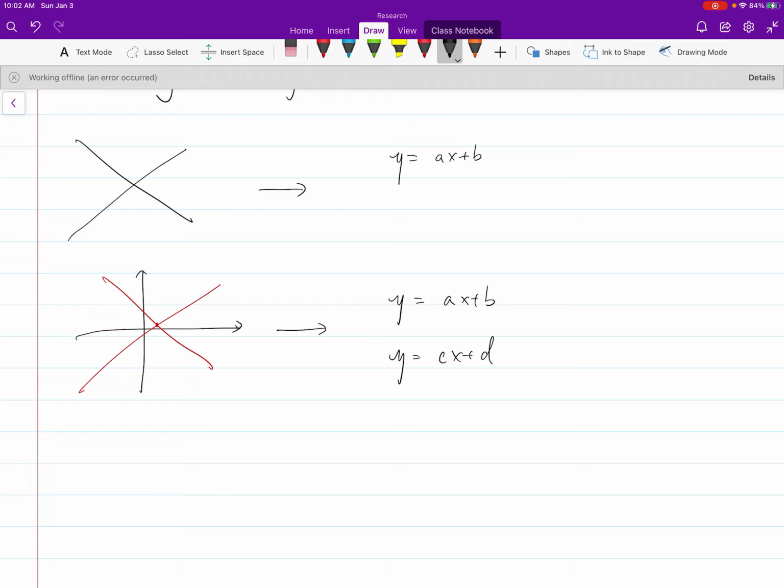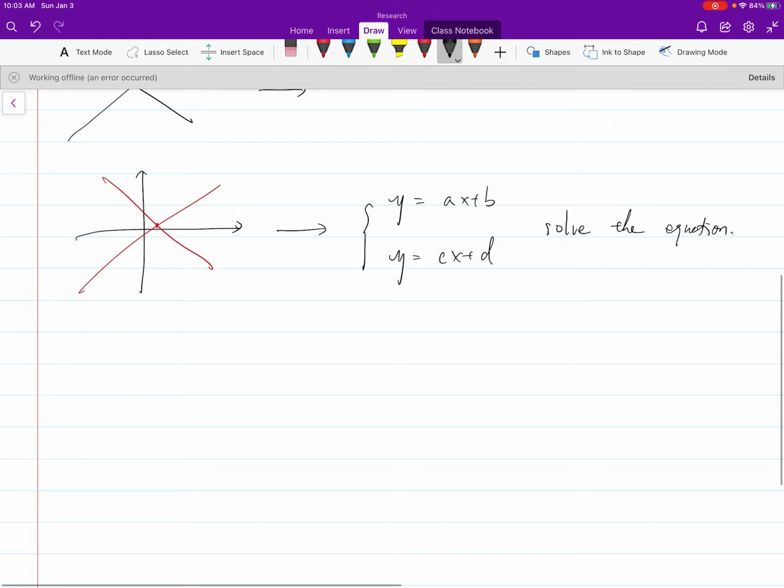But in analytic geometry, all you need to do is say I have y equals ax plus b for one line and y equals cx plus d for another line, put them into coordinates, and then solve the equation. Solving the equation is not something you can use in geometry, but that's certainly something you can use in algebra. So you have a whole new set of tools you can use as long as you can transform the geometric problem into algebraic problems.